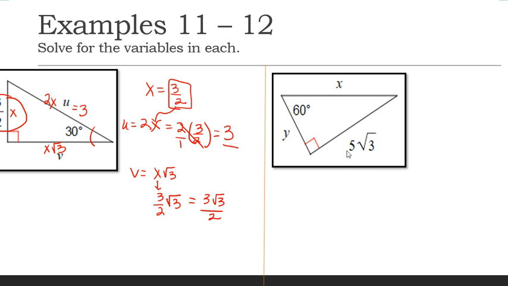All right, going to the last one. Again, I need to label it. So this side over here is my 30. Here's my hypotenuse. And I've got x's in here already, so I'm going to use an a instead.